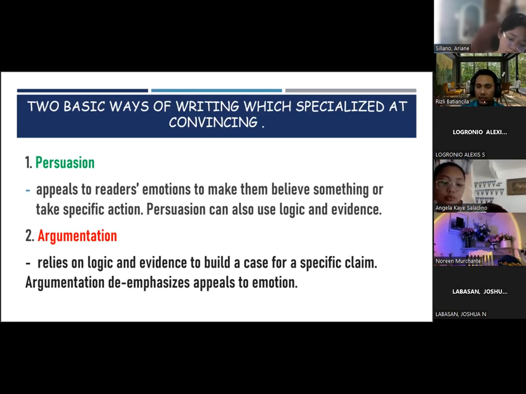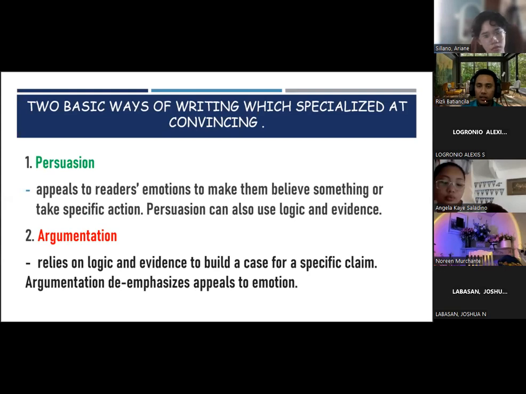Unlike, on the other hand, the argumentation. So argumentation only relies on logic and evidence to build a case for a specific claim. Argumentation does not emphasize appeals to emotion. Although parehas sila nagko-convince, they are specialized in convincing when it comes to writing. But on the argumentation part, hindi sila nag-appeal sa reader's emotion.